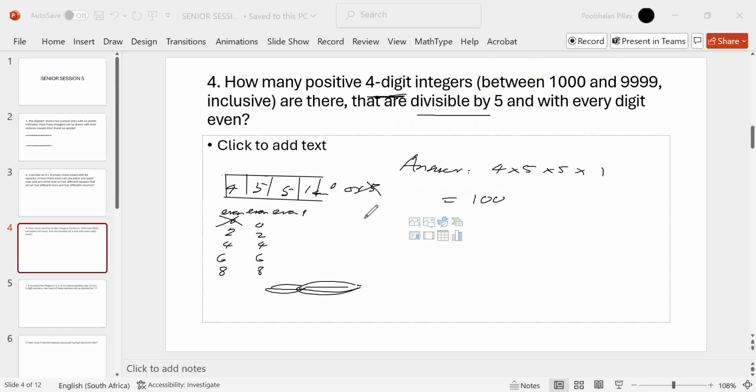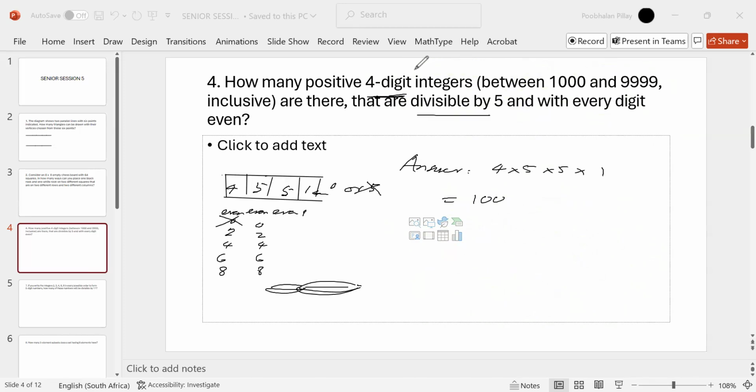Well, they are all divisible by 5, and all the digits being even. There are quite a few numbers here. There are 9,000 numbers here altogether, right?